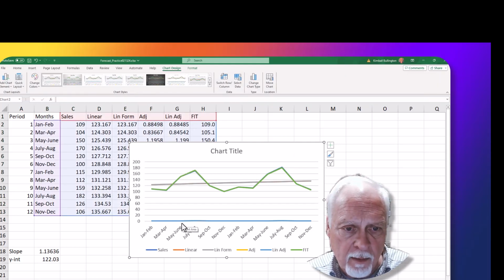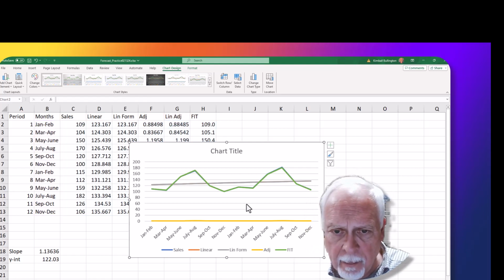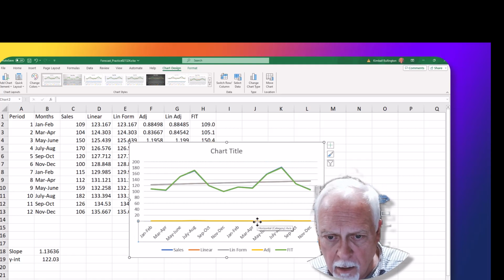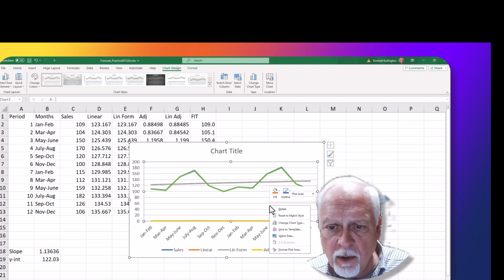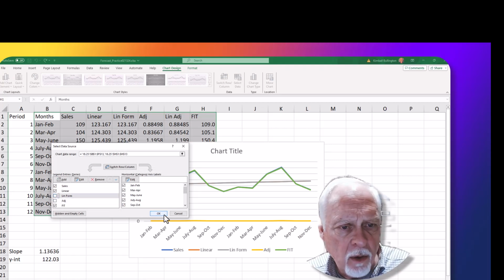We certainly want to remove this number down here. Well, the easier way to do it is go in and select data, and then we don't want this adjustment number. We don't need two of these linear forecasts.